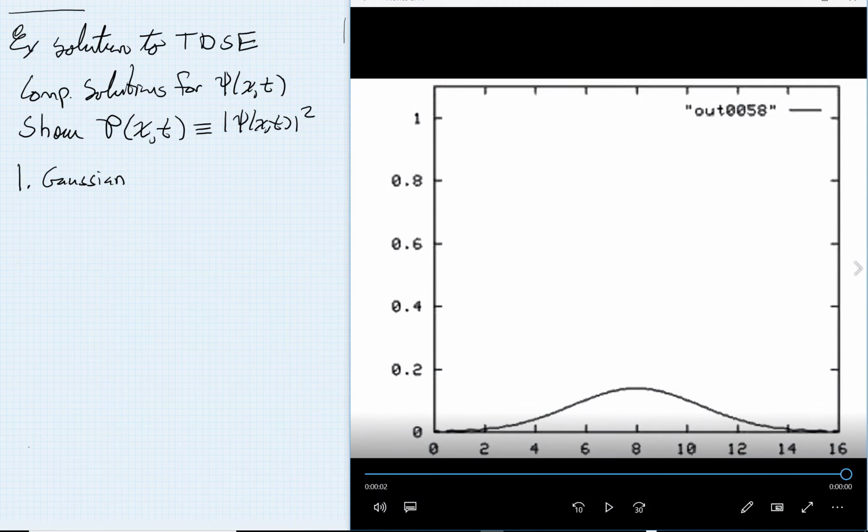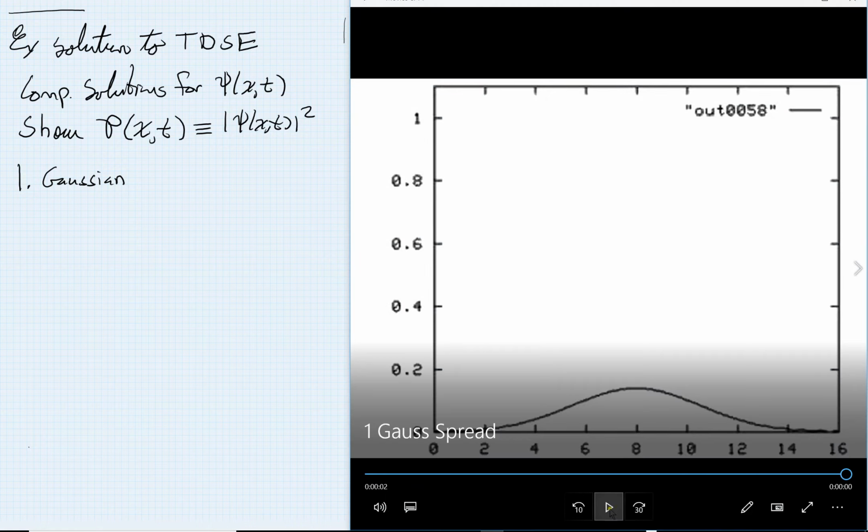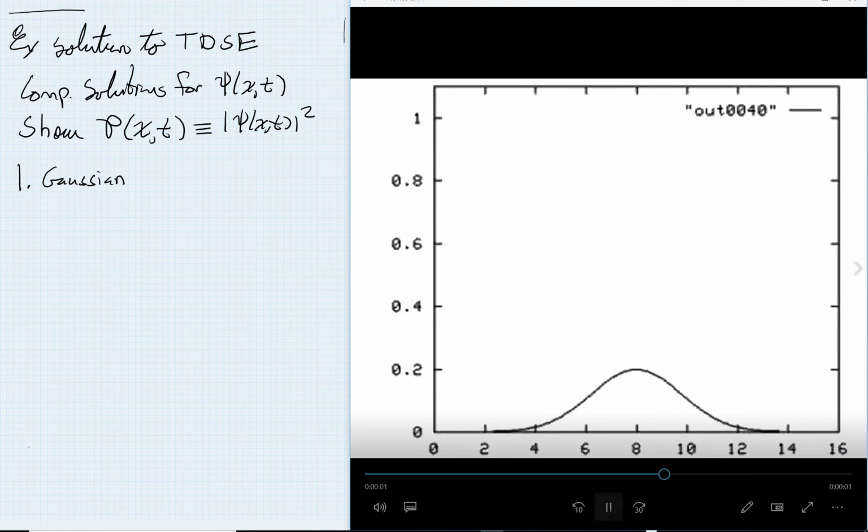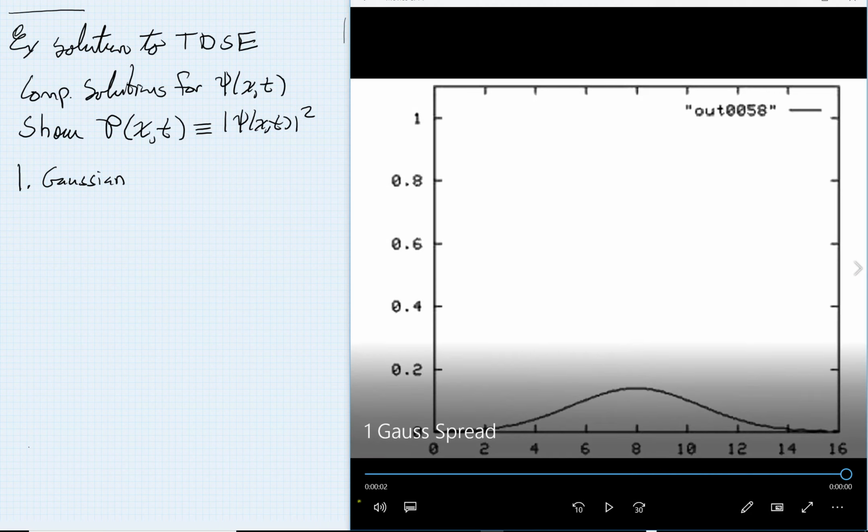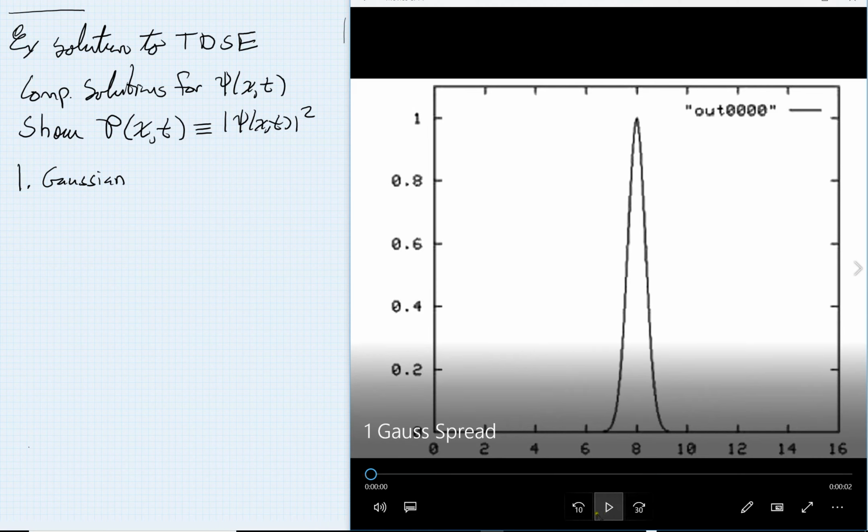So here I've got a movie I can show you. Let's play this. And what you notice, and I'll let this repeat a bit, is that it starts out with a very narrow peak. So this is something beginning maybe to approach a pure state.